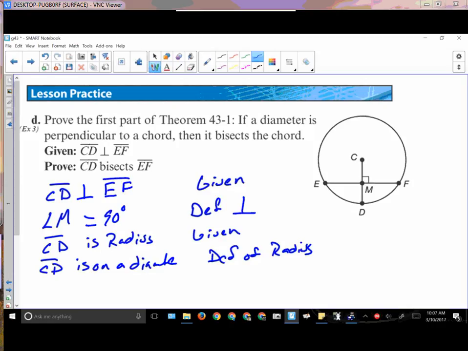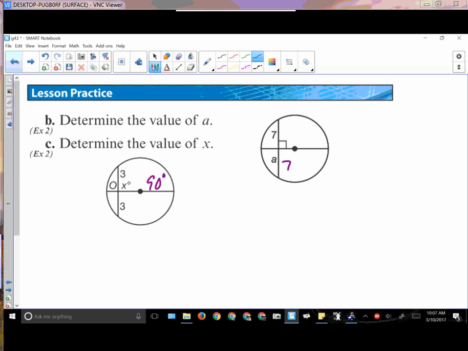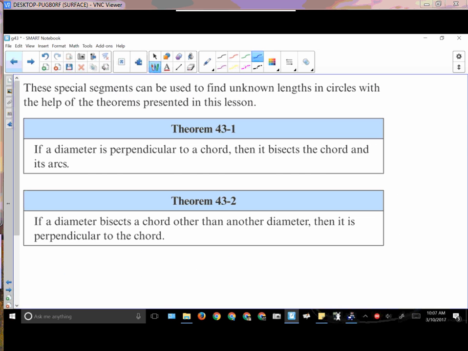I know that. So do I have any information that tells me that if it's a diameter and it's at a right angle to a chord, that it has to bisect? Well, if you go back here, if a diameter bisects a chord other than another diameter, then it is perpendicular to the chord, correct?